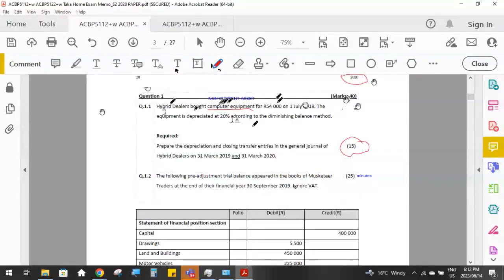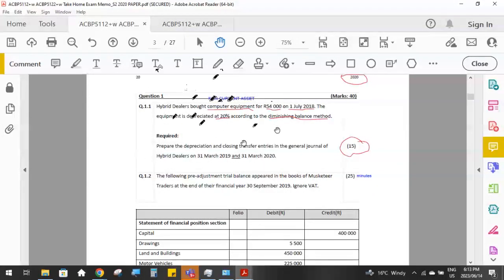So they bought it for 54,000. So 54,000 was the purchase price, and the date is very important. We bought it on the 1st of July 2018. The equipment is depreciated at 20% according to the diminishing balance method. Okay, so it's very important also that you are 100% comfortable with depreciating assets, diminishing balance method or the straight line method, so that the moment you see diminishing balance method, you know exactly how those calculations work.